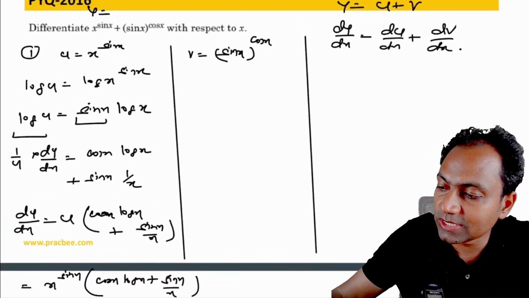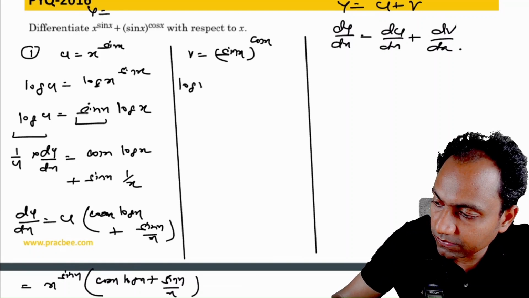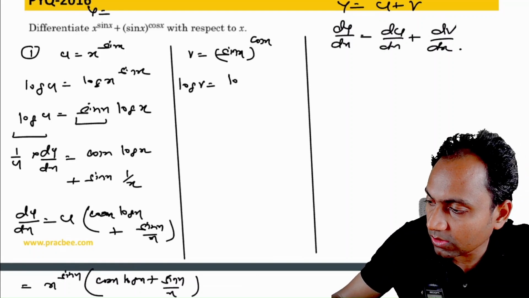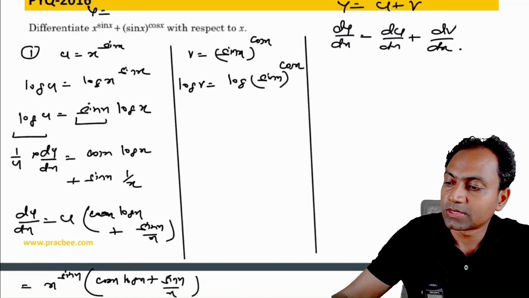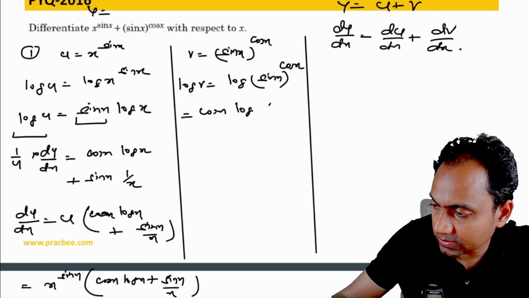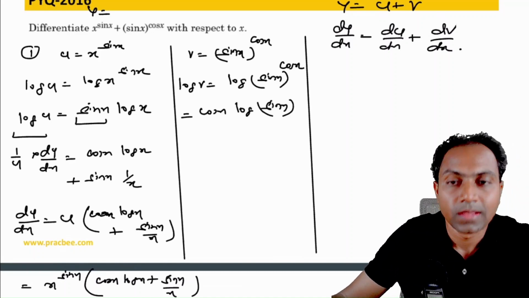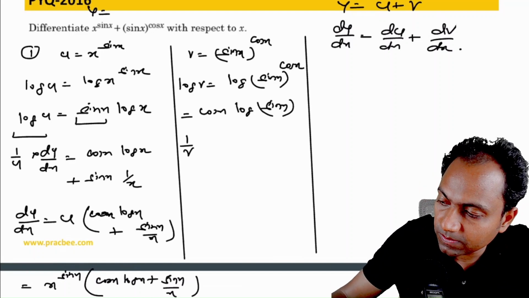Similarly, we can do the same exercise for v. So if I take again log of v, this is nothing but log of sin x raised to the power cos x. Cos x can be taken outside, so it becomes cos x log of sin x. And if I take this value and differentiate both the sides, on the left hand side I get 1 by v dv by dx.